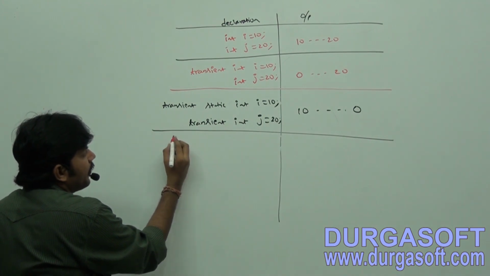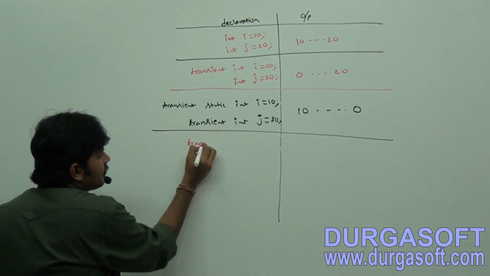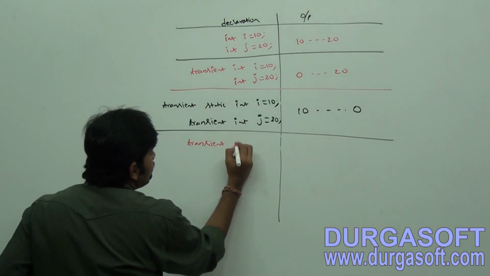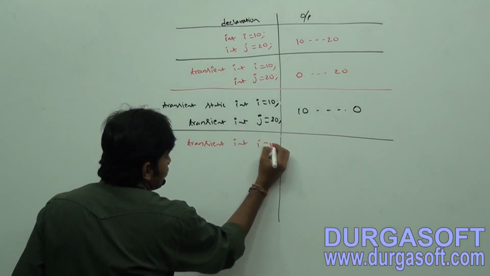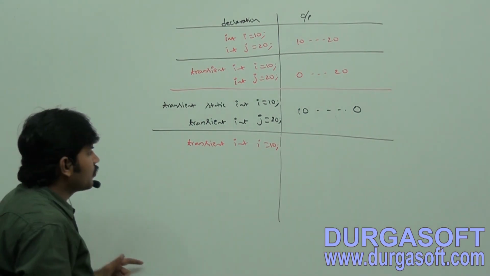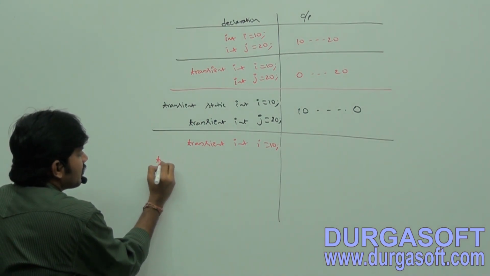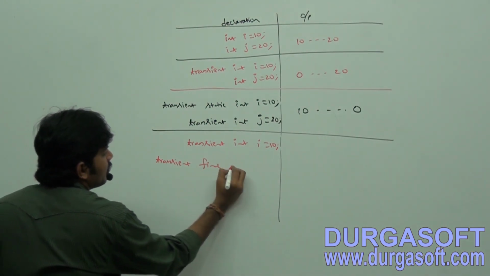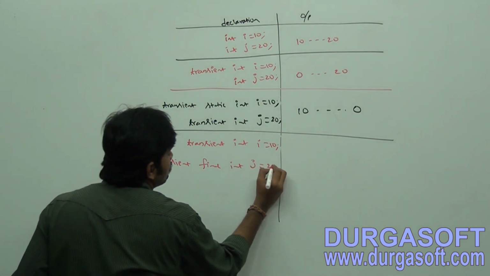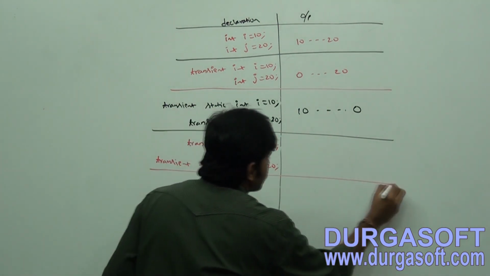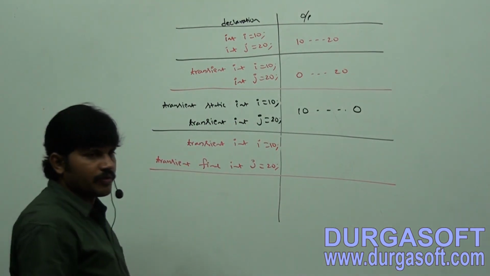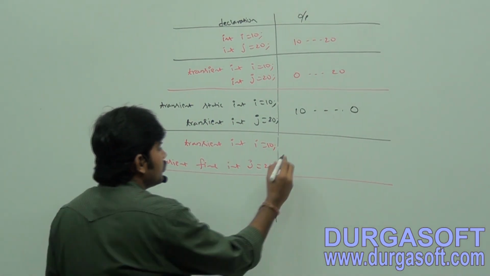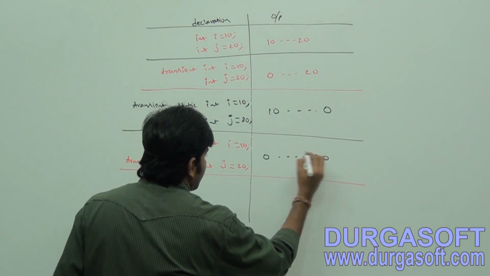Next, here transient int i is equal to 10, and transient final int j is equal to 20. Can you tell what the answer is now? 0 followed by 20.